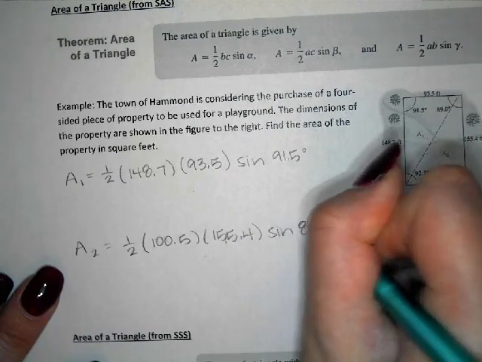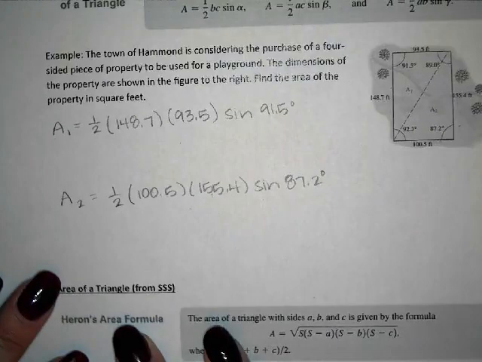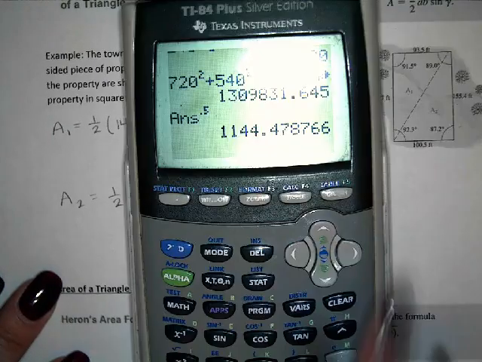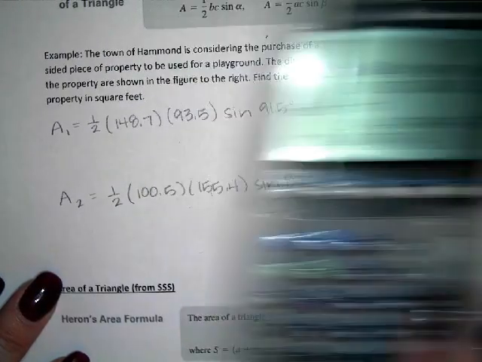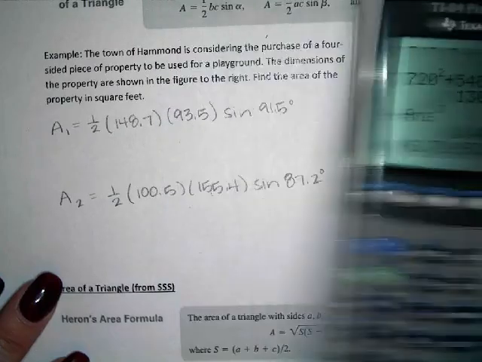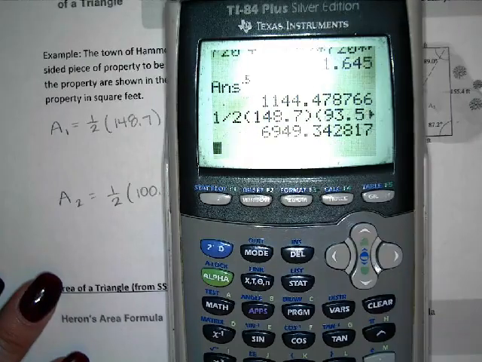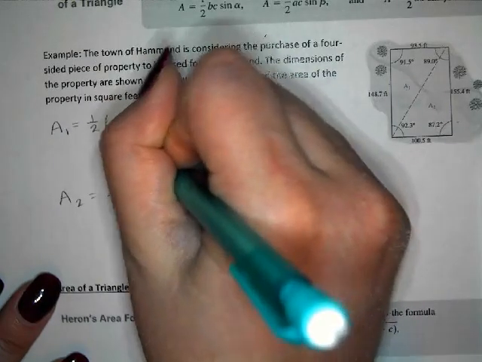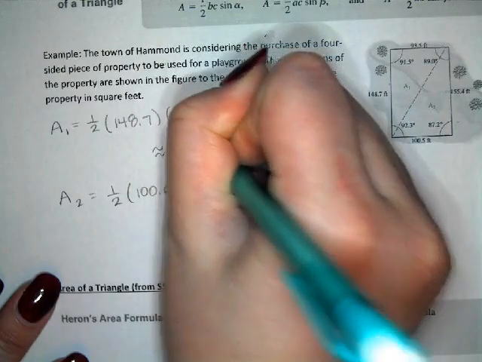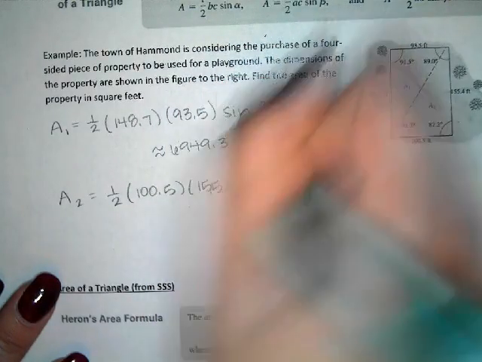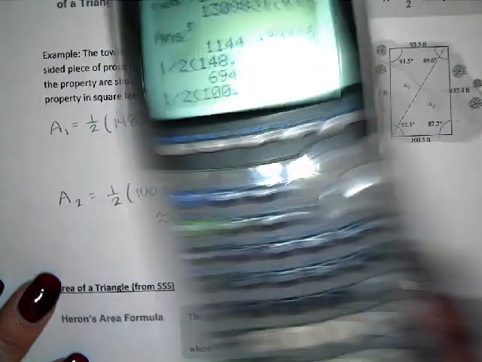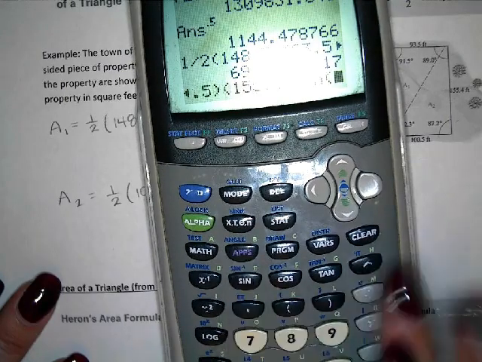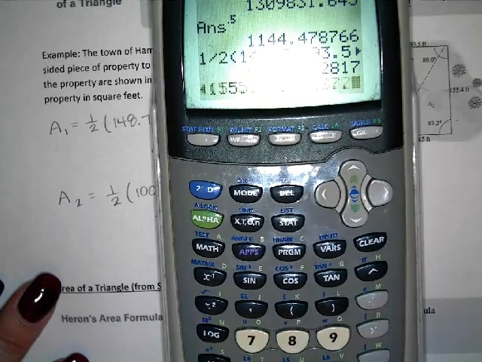So 1/2, 148.7, 93.5 sine 91.5. So the first one is 6,949.3. The second one is 7,799.5.